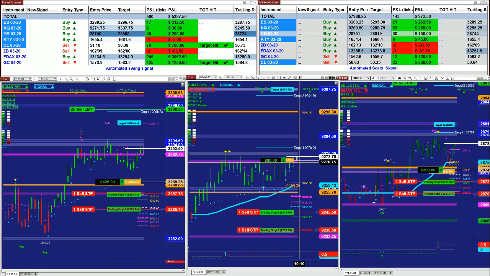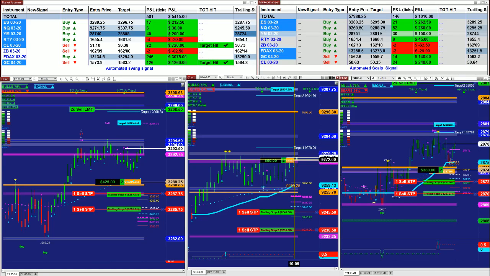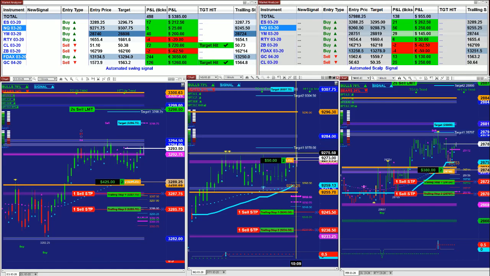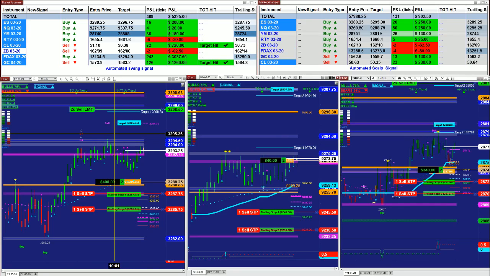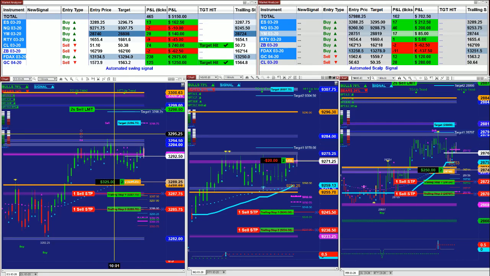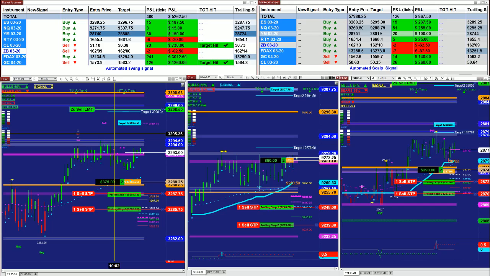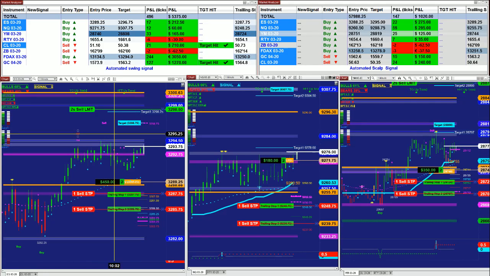As we see, we have the entry signal on the Nasdaq at 92.72 level, followed by an immediate resistance line. As you see, this is a struggling market, and now what it does is connected to this ES. Whether you are an ES trader, because you sometimes hear a guy saying, I'm not an ES trader, I'm a Nasdaq trader. Well, you still have to look at the ES. The ES is an oxygen for the YM and the Nasdaq.